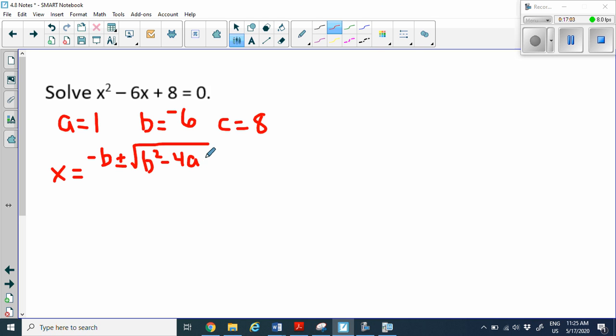I just do this because, one, this is notes, and I'd rather do more work on the notes than less, so you guys have a better understanding. But also it helps you remember what it is, so you don't always have to look back at your notes for the formula. Okay, so now what I want you to do is, once again, pause the video and plug the A, B, and C values into the quadratic formula.